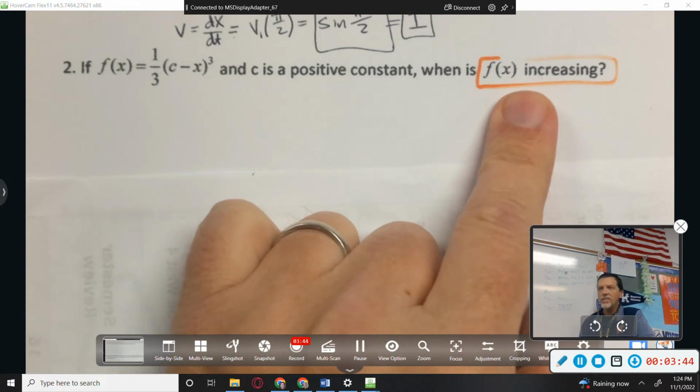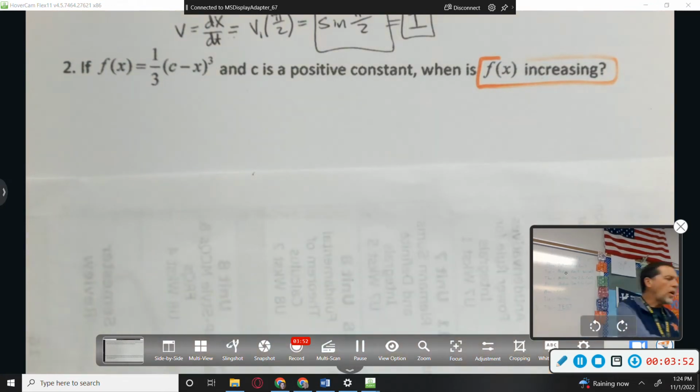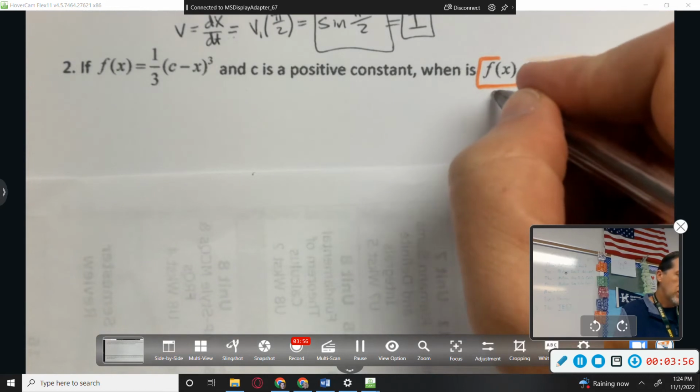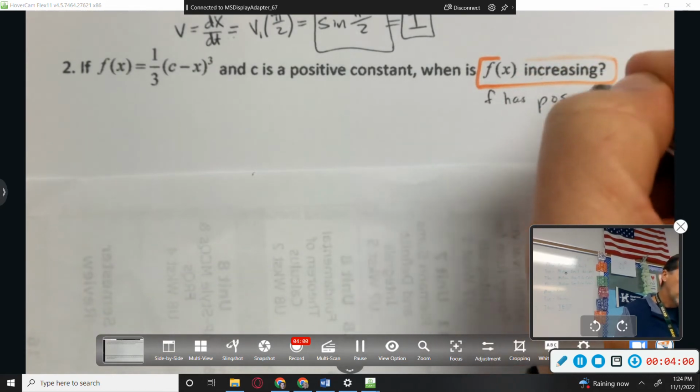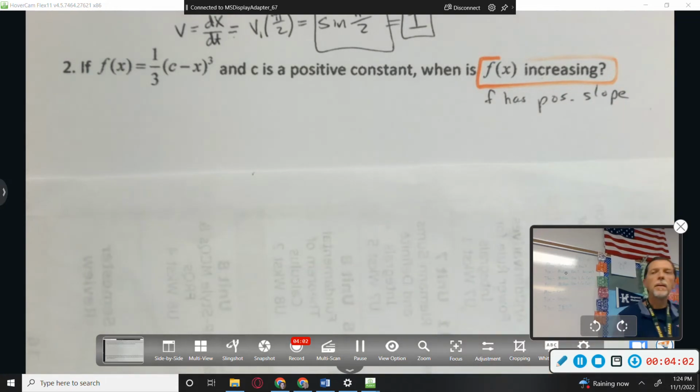If f is increasing, what would that mean to a calculus person? Okay, you said positive slope. What would have a positive slope? F has a positive slope. Okay. What else could it mean? That's true. That's not wrong.